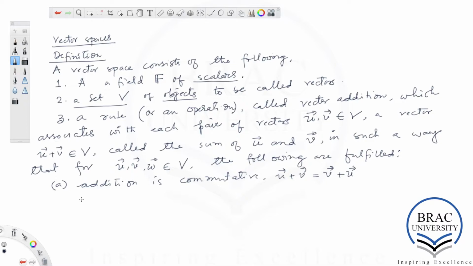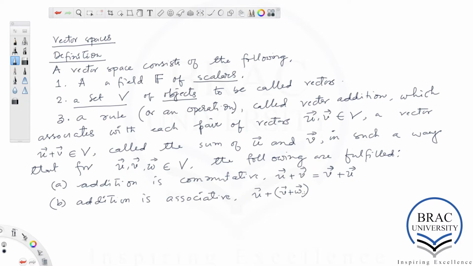B, addition is associative, that is u plus (v plus w).